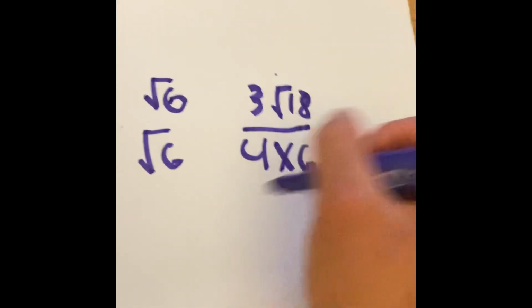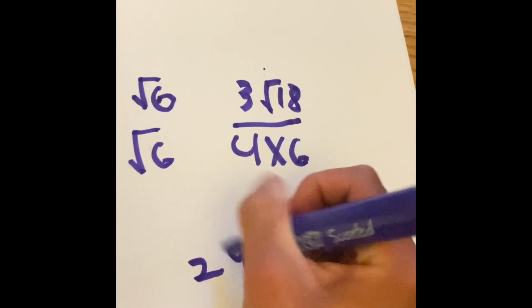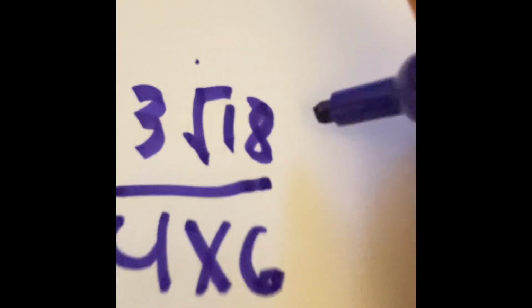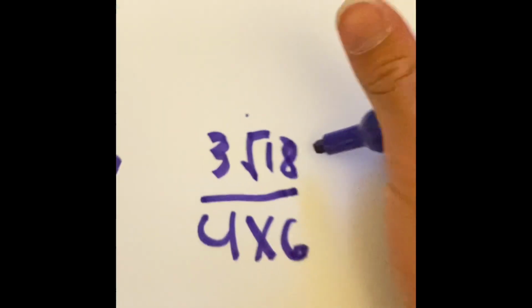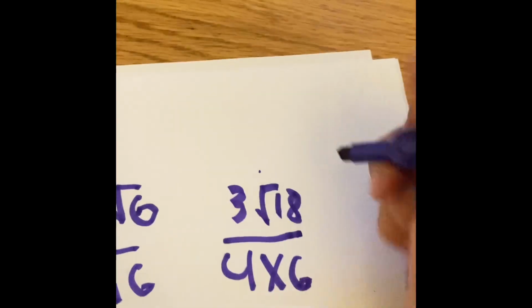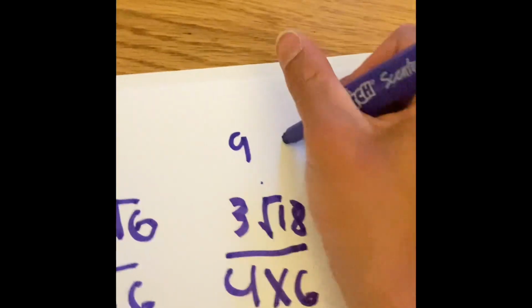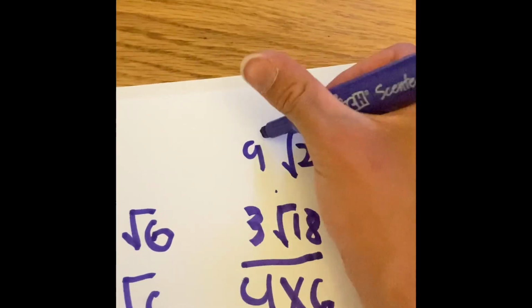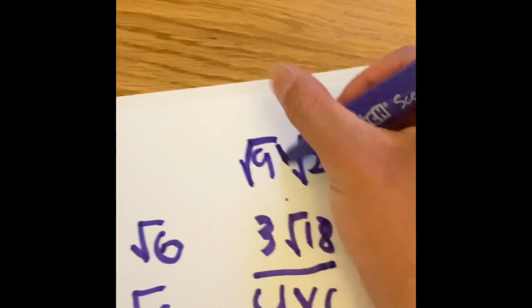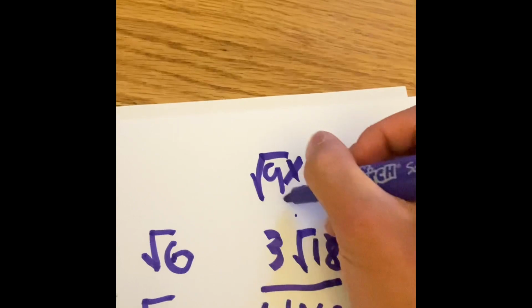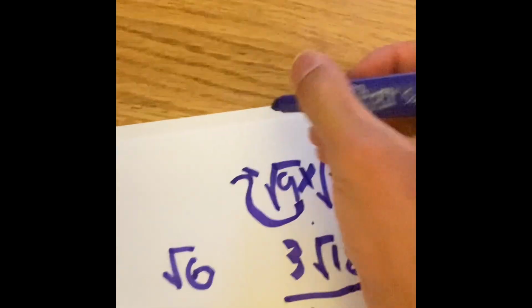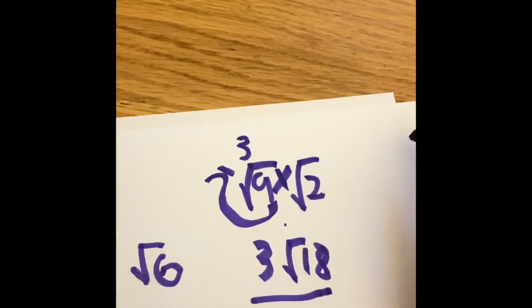4 times 6 is going to be 24. But 18 is not a simplified radical. What we can do is pull out two numbers, 9 and 2. The square root of 9 times the square root of 2 equals the square root of 18. Since 9 is a perfect square, we can take that out and turn it into a 3.